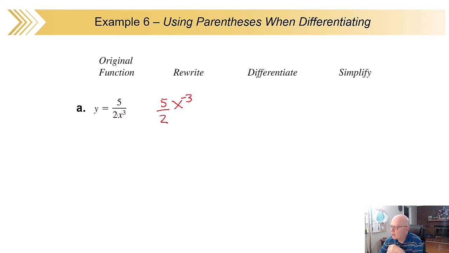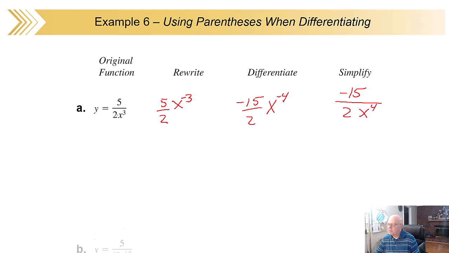Bring that negative 3 out front. So negative 3 times 5 is negative 15 over 2. x to what power? Subtract 1 from that, you've got negative 4. Simplify, 15, excuse me, over 2, and x to the 4th. And there's your derivative.